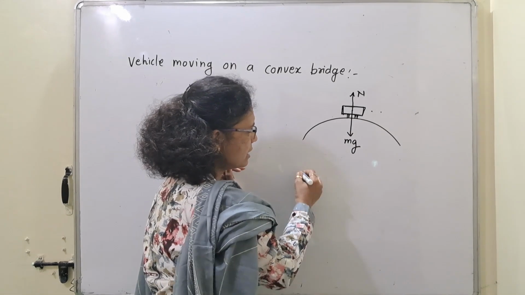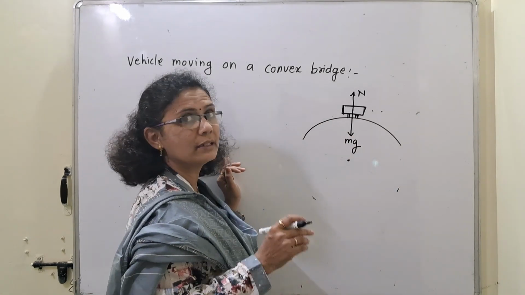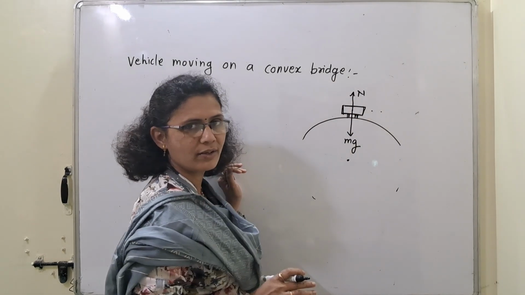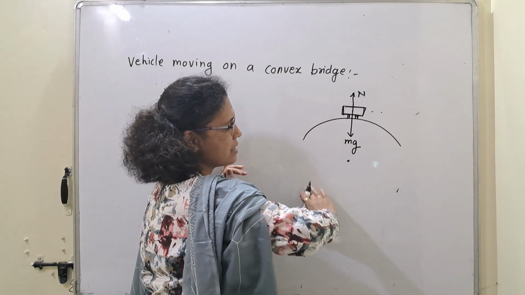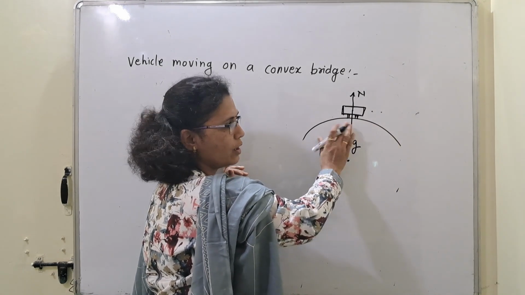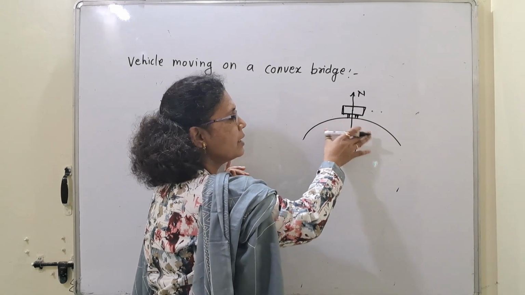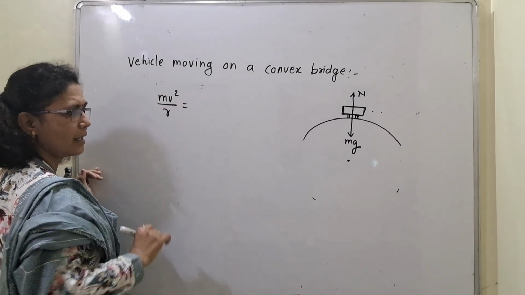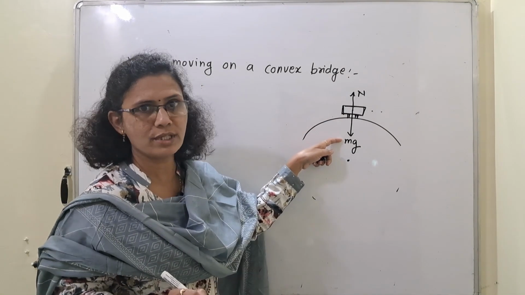If we consider this as a circular motion, here the centripetal force will be the net force due to this weight force mg and the normal reaction acting on that body. For the circular motion, if we consider this as a circle, then the centripetal force required for the motion of this vehicle along this circular convex bridge, that is mv square by r, is nothing but the net force due to this normal and this weight force mg.